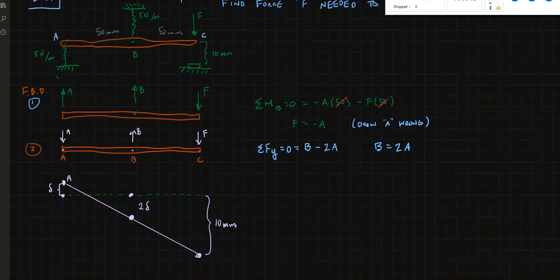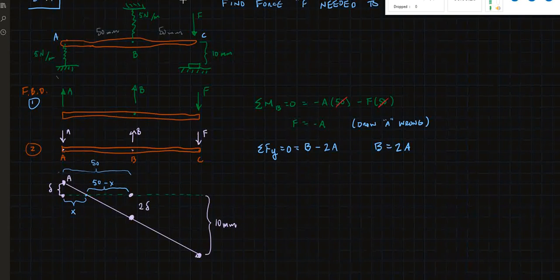So I can look at this and I can tell that this distance here must be, we can call it x, some distance x. That means this distance must be 50 minus x, since we know that the distance from here to the center is 50.